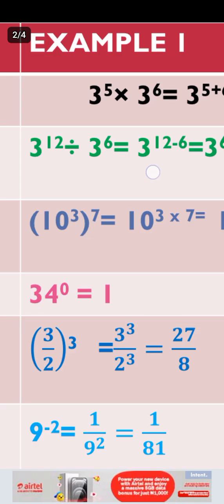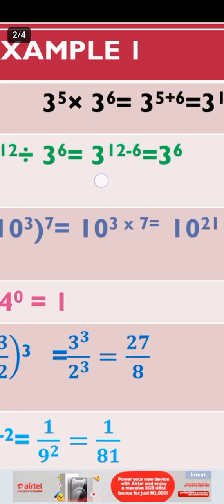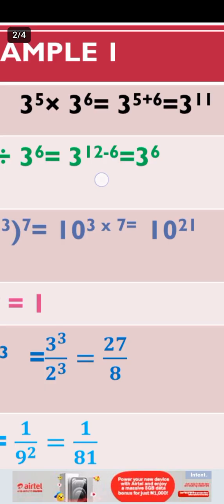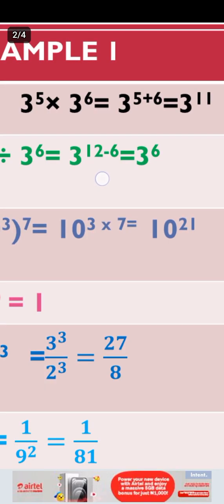So they have the same base. What we need to do here is to subtract the indices, which is equal to 3 raised to the power 12 minus 6. That becomes 3 raised to the power 6. That is example 1.